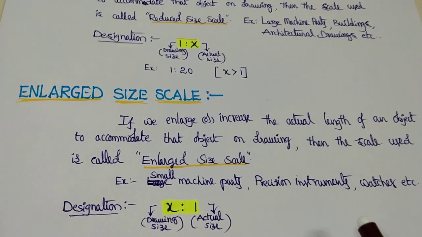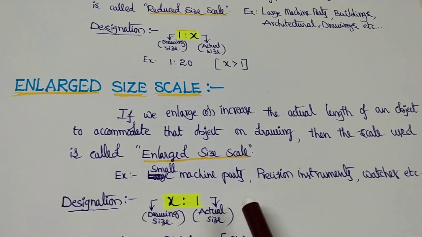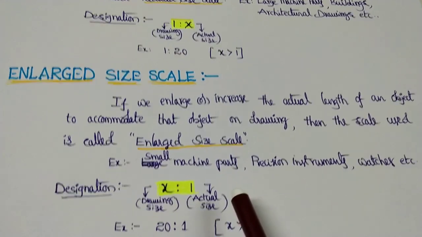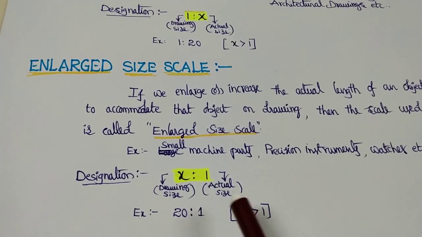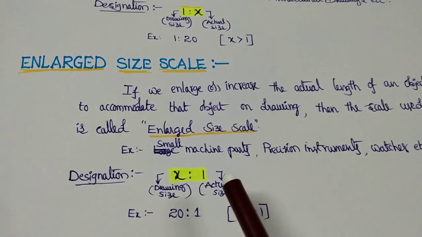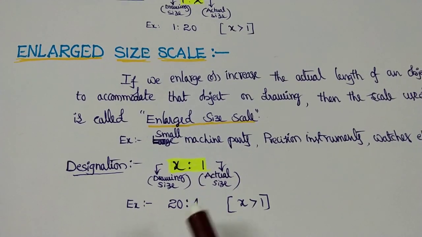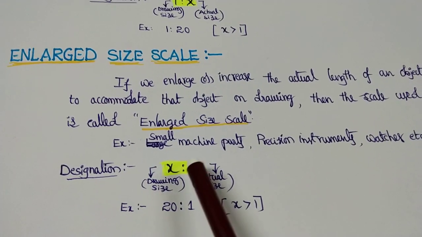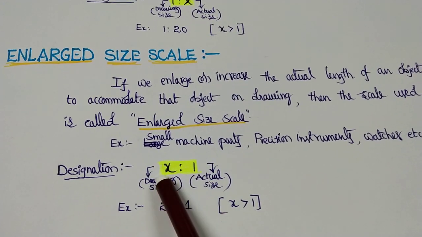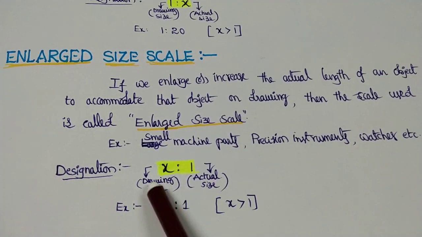So they would be too small to draw and to read on the drawing sheet. That is why we can enlarge the actual size, so that here we can use enlarged size scale. We can see the designation x:1. That means the first letter, x, is representing drawing size.